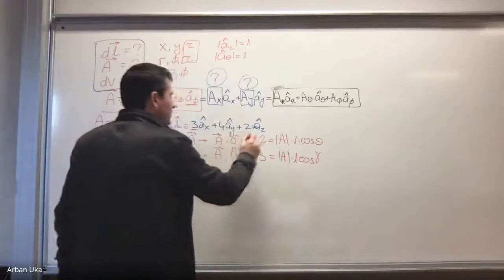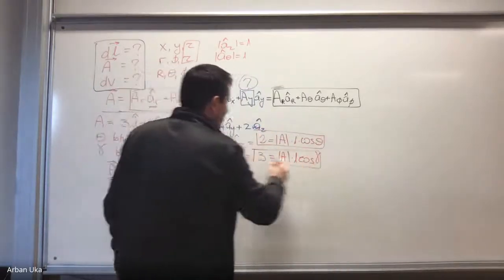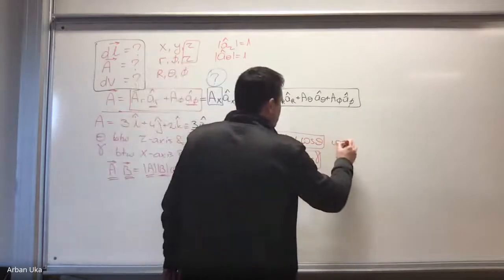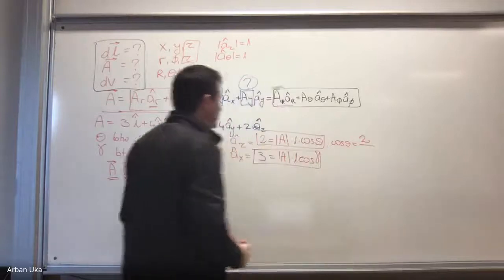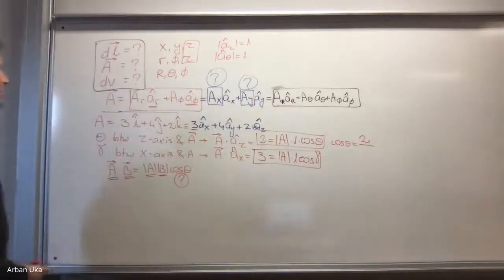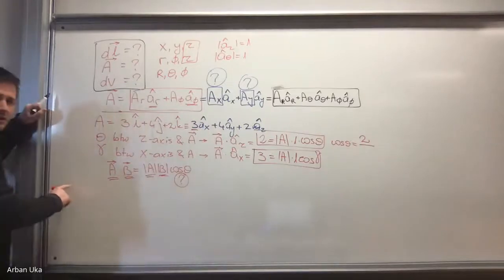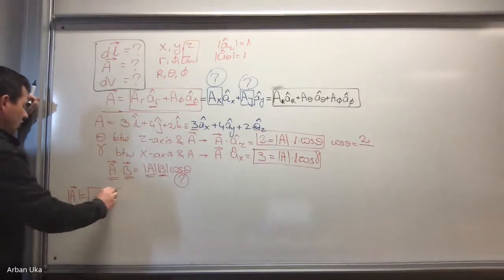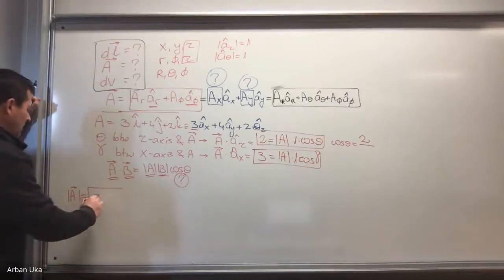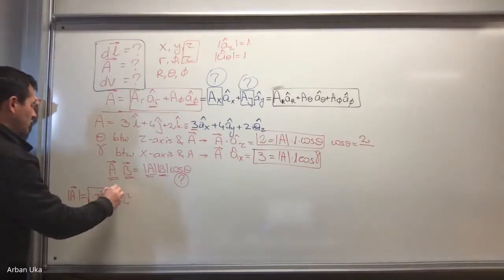So then, from this expression here, we can easily identify that the cosine theta is equal to 2 divided by the magnitude of vector A. Now the question is, for this vector A, what is the magnitude? The magnitude of any vector A is denoted as the square root of 3 squared plus 4 squared plus 2 squared.